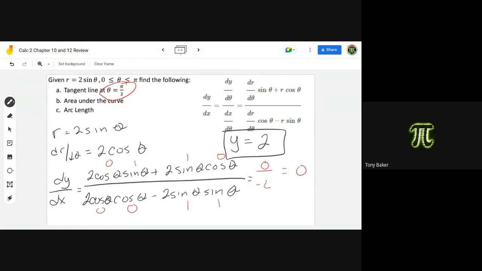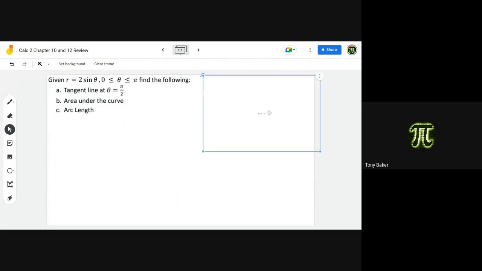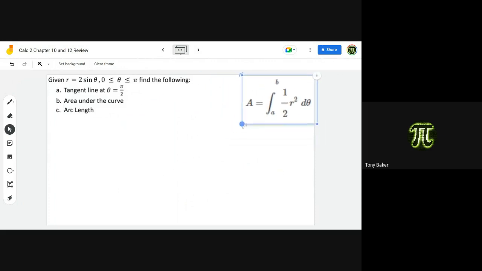All right, next part, area under the curve. The area under the curve formula for polar is the integral from A to B of 1/2 r squared d theta.